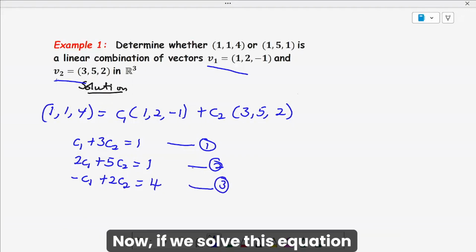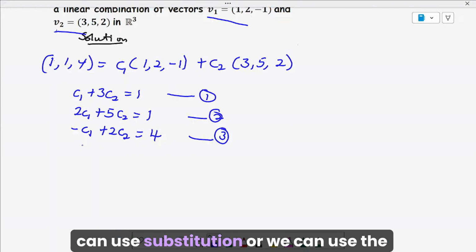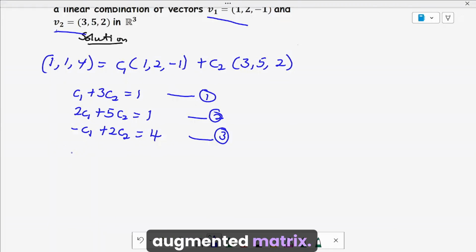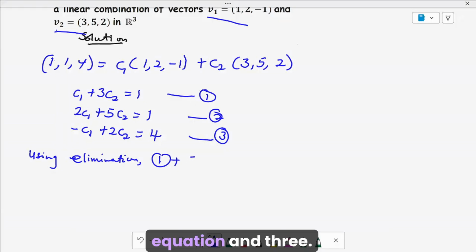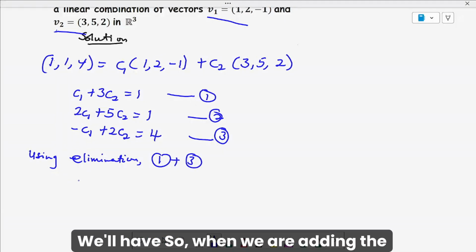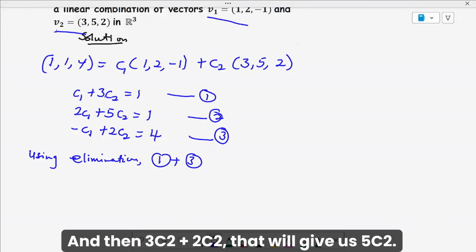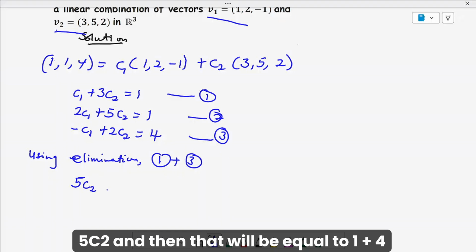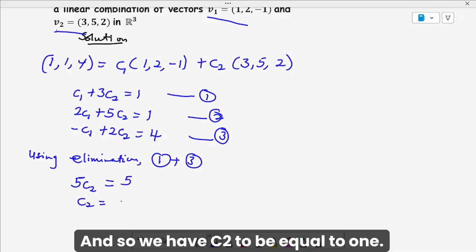Now, we can solve these equations simultaneously using elimination, substitution, or the augmented matrix. We can use elimination, where this one will cancel that. So equation 1 plus equation 3: when we add the two of them, we have c1 plus negative c1, that will give us 0, and 3c2 plus 2c2, that will give us 5c2, and that will be equal to 1 plus 4, which is 5, and so we have c2 equal to 1.